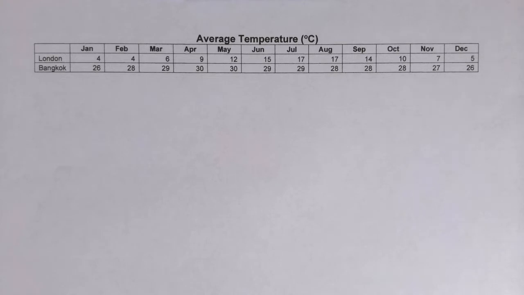In some ways it's similar to a scatter diagram, but in other ways it's very different. So I've got here some genuine data. This isn't made up, this is genuine data. It's about the average daytime temperatures in two cities, London, obviously, in our country, and Bangkok, the other side of the world.